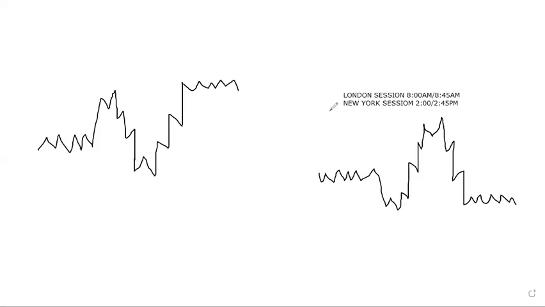The timing: you are not to trade during the Asian session, you only trade during the New York and London sessions. 8 o'clock a.m. to 8:45, you'll be able to see them around this level. Then there's something we call the Brinks trade period.